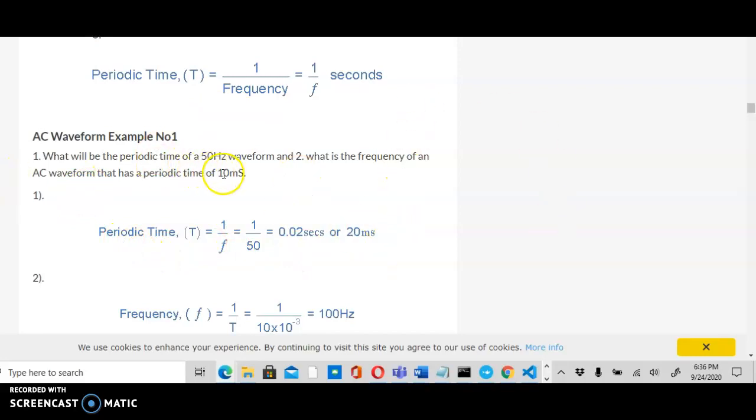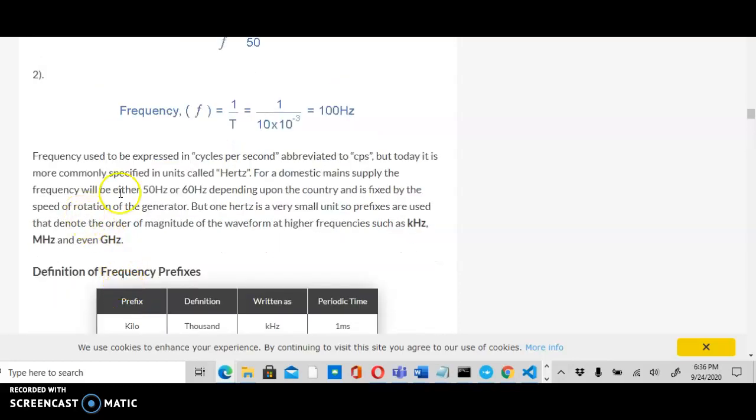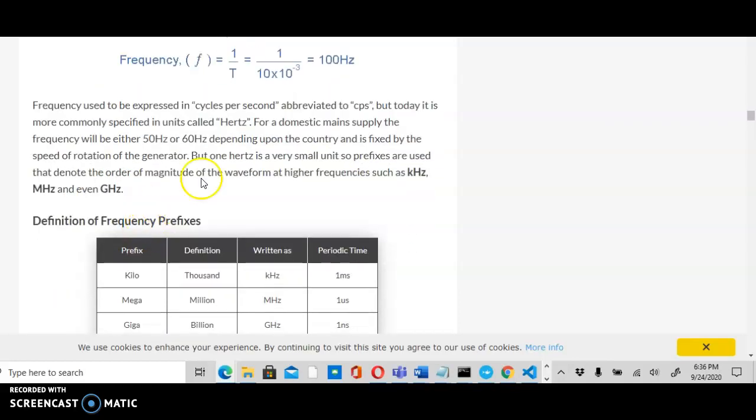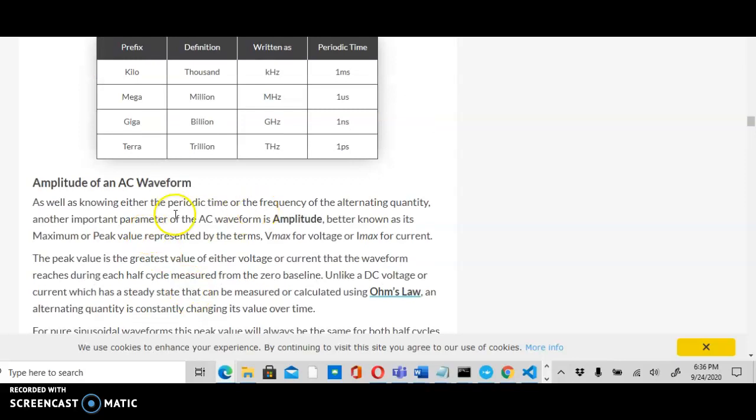If it's a 50 hertz waveform, the periodic time is 1 over 50, which is 20 milliseconds. You can calculate the frequency, and you can also get the waveform in kilohertz, megahertz, and gigahertz.